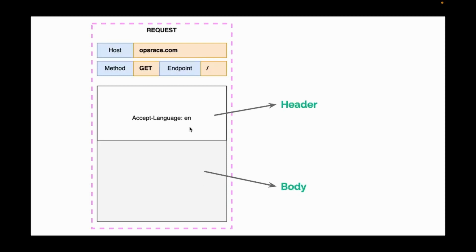If the server has to translate the website into Arabic, maybe German, maybe French or English, it says that I need the language in English. That's the default language. If your operating system is in English, your browser will always request English unless you change your default language for the browser.